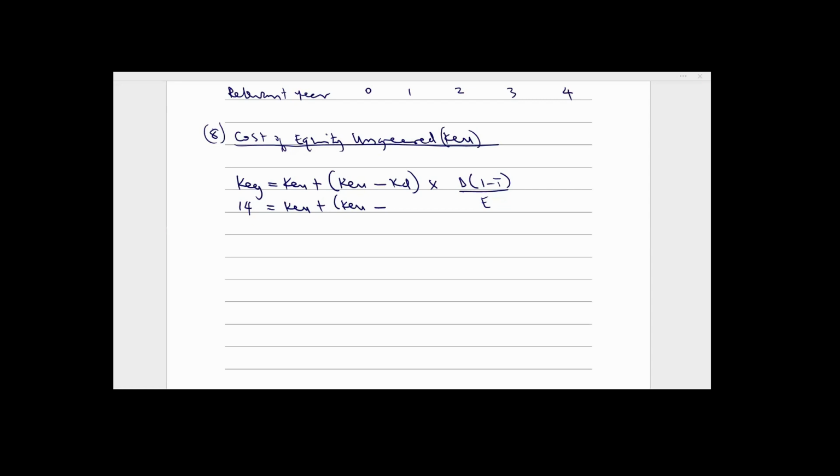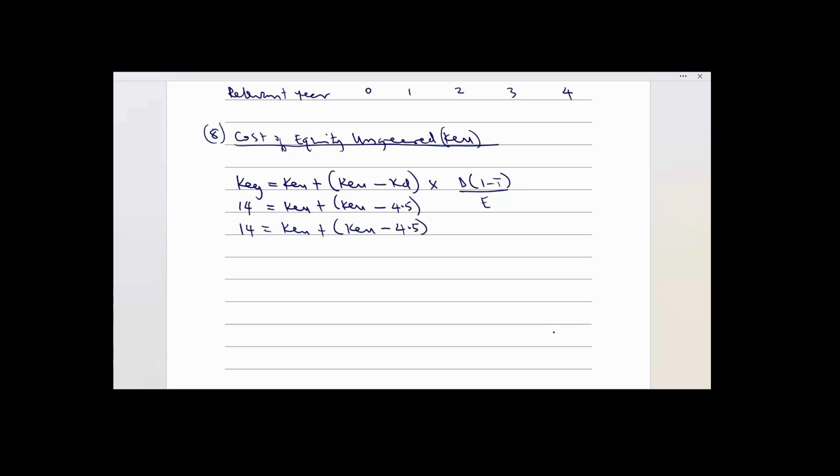So I will go back there and slot in. We are going to assume the risk-free rate of return as cost of borrowing. So 14 equals KEU plus, open bracket, KEU minus 4.5.